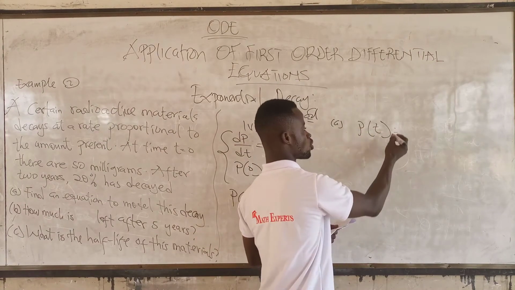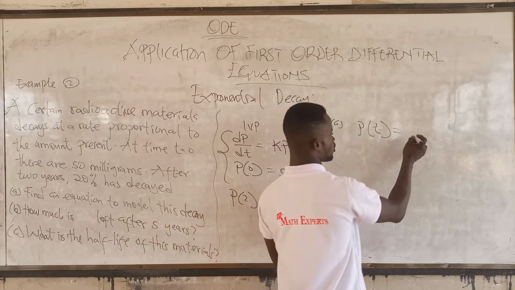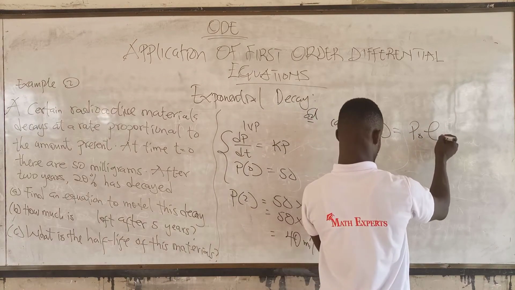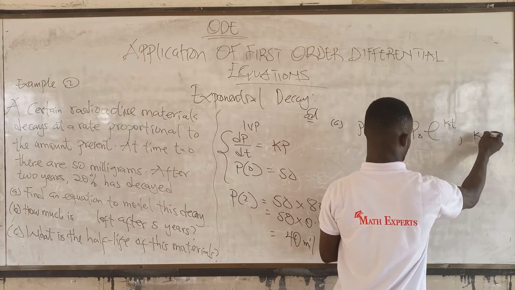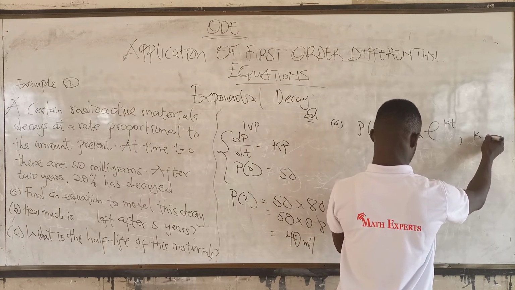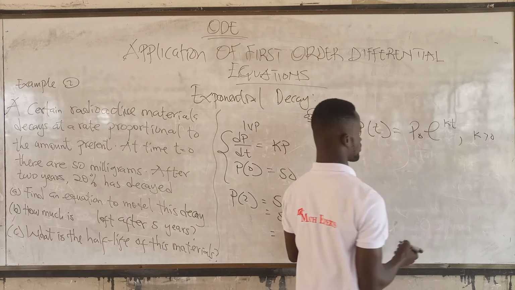So you have no need to go and solve again. Just quote and go your way. P of t equals P naught e raised to the power kt, where k is greater than 0.